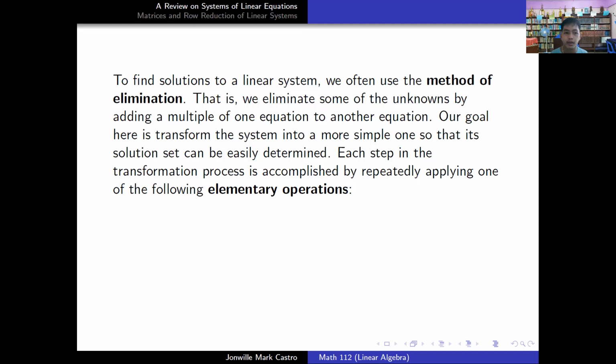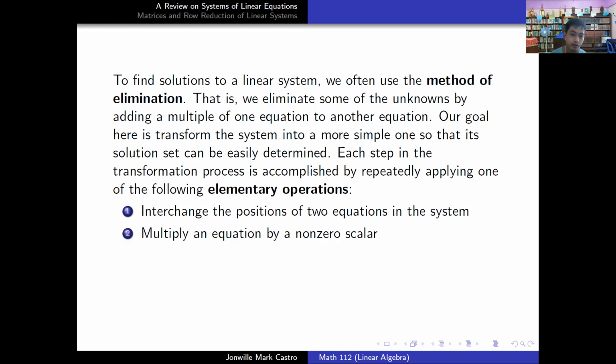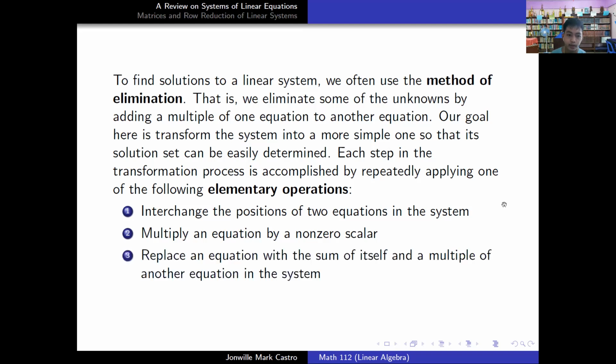Okay, so each step in the transformation process is accomplished by repeatedly applying one of the following elementary operations. First, we can interchange the position of two equations in the system. Second is we can multiply an equation by a non-zero scalar. And third, we can replace an equation with the sum of itself in a multiple of another equation in the system.